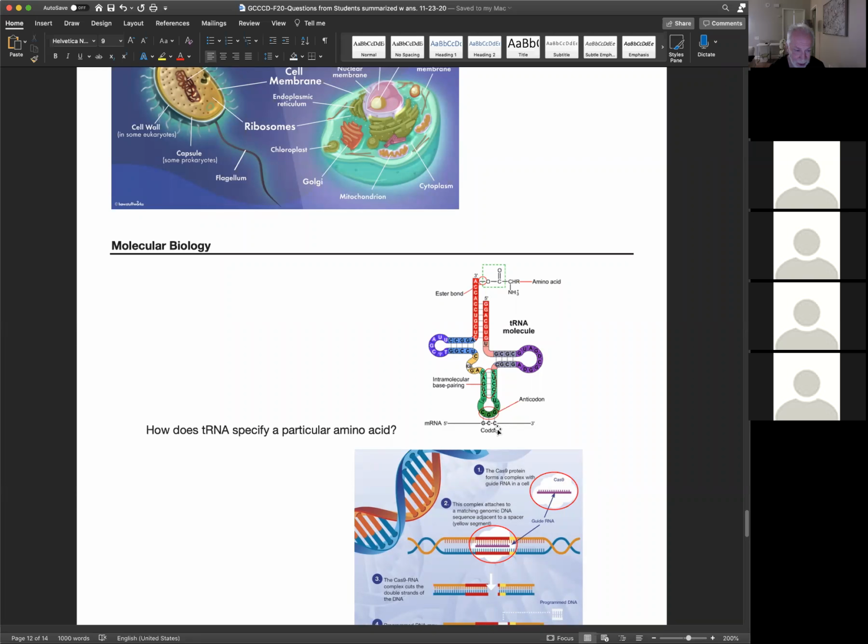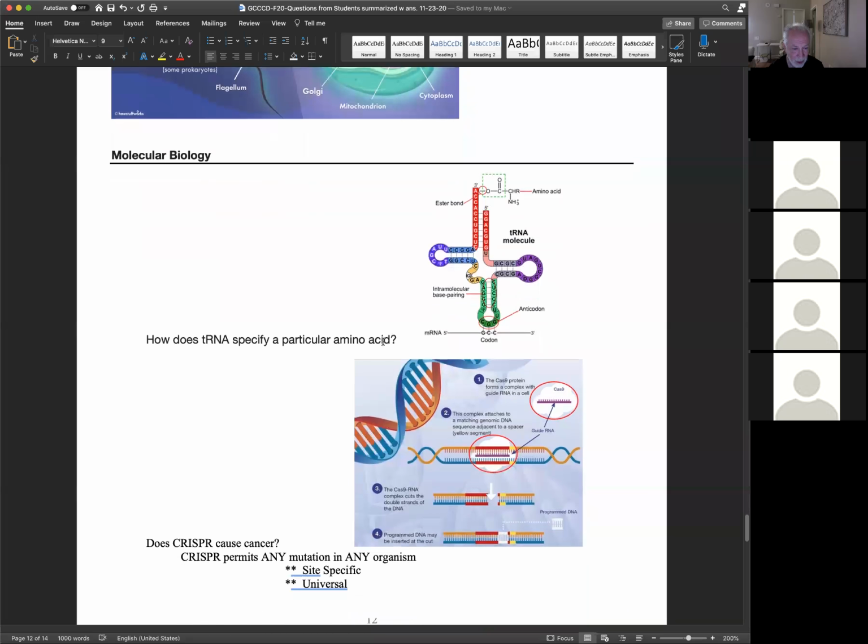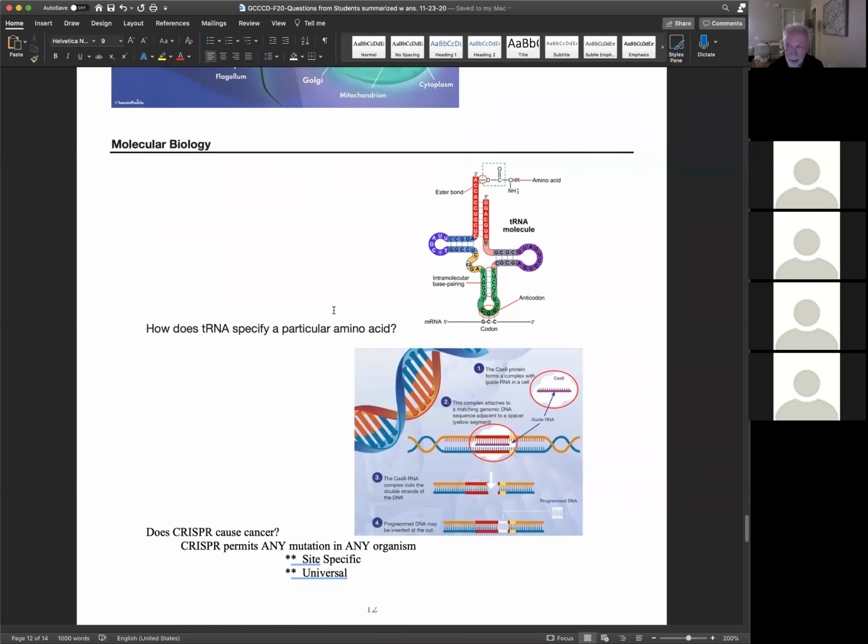And this happens to be the codon for alanine. So the amino acid up here on this end is alanine. Therefore, when the anticodon binds to the codon, alanine is incorporated into the growing amino acid chain. So is that clear how tRNA specifies a particular amino acid?